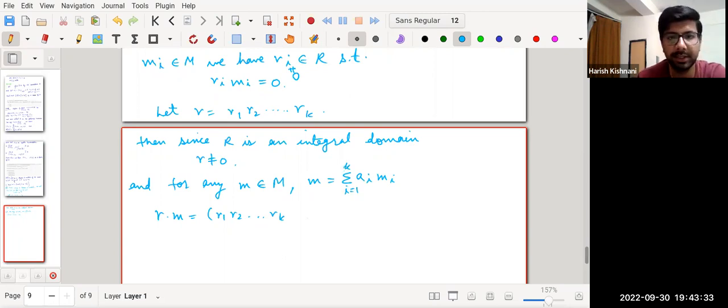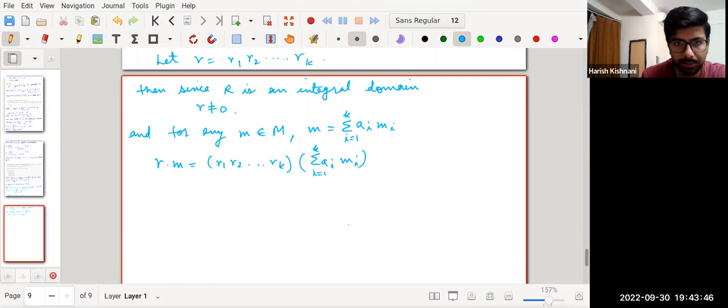You can write m as a linear sum of mi's. Now you can split them as follows: summation of i equal to 1 to k, r1 ... rk, ai times mi.